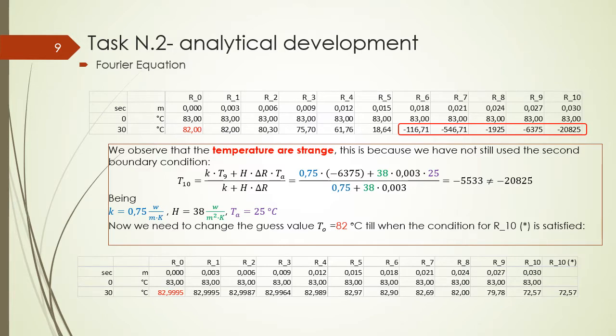We can use a tool like GoalSeek in Excel, and if we get the right guess value, eventually we find for the temperature at the skin of the potato the same value by using the iterative formula and by using the boundary condition displayed above, and then our values are correct.